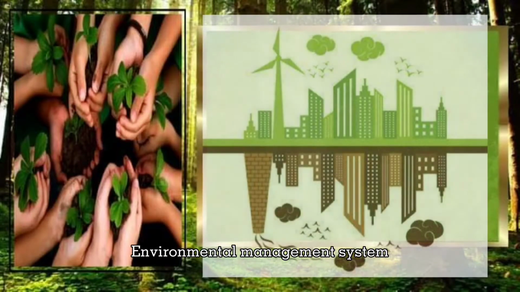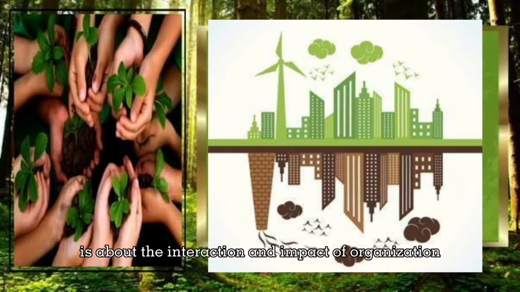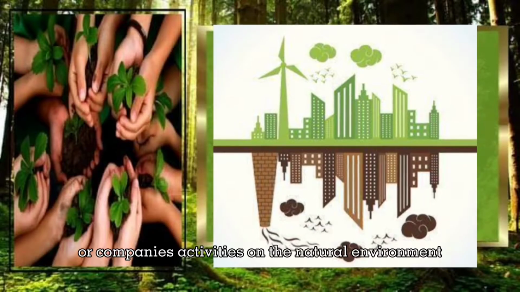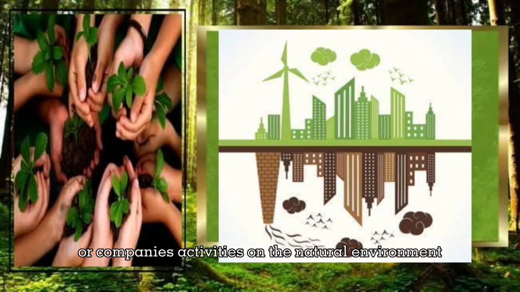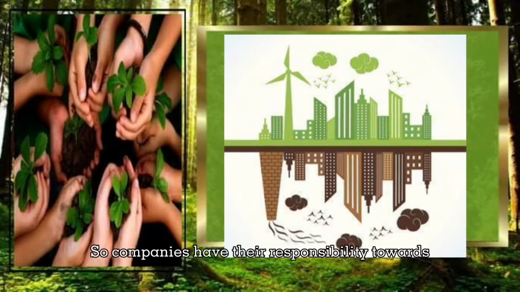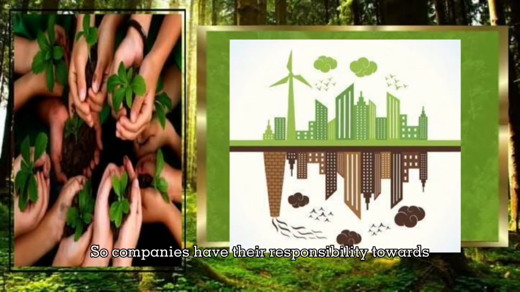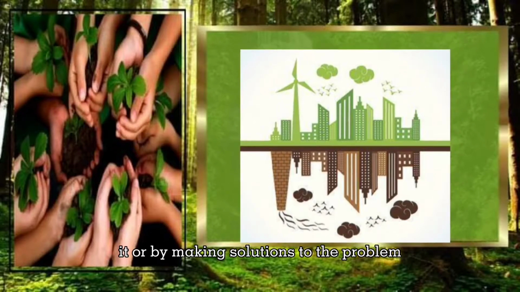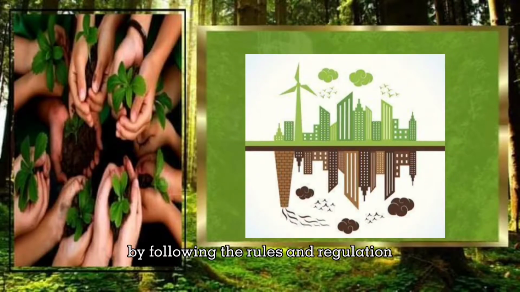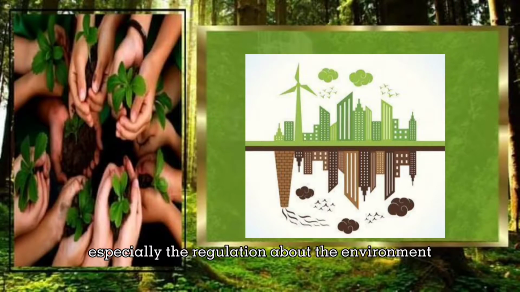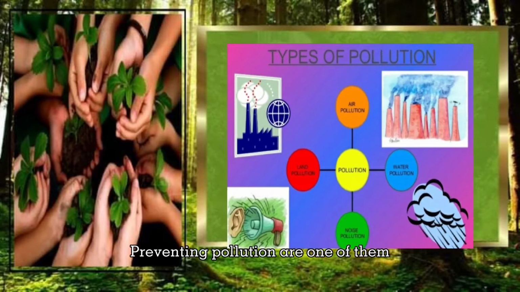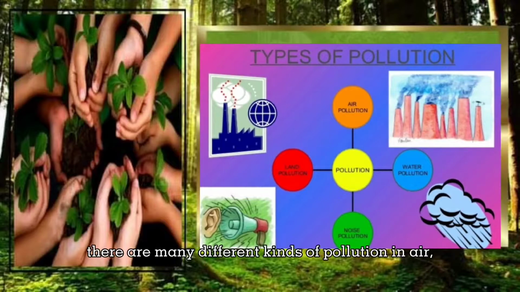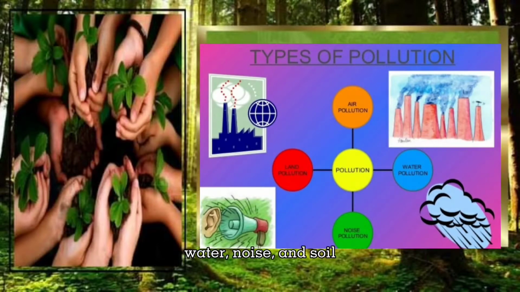Environmental management system is about the interaction and impact of an organization or company's activities on the natural environment. So, companies have the responsibility towards their actions, either to prevent them or to make solutions to the problem by following the rules and regulations, especially the regulations about the environment. Preventing pollution is one of them. There are many different kinds of pollution in air, water, noise, and soil.